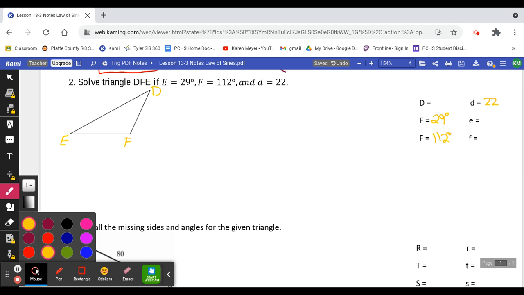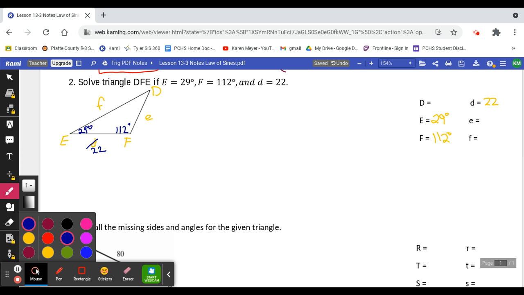So little e is across from big E, little d is across from big D, and little f is across from big F. Okay, now on my triangle, I'm going to mark in what I know. I know E is 29 degrees. Boom. I know F is 112 degrees. Boom. And I know little d is 22.